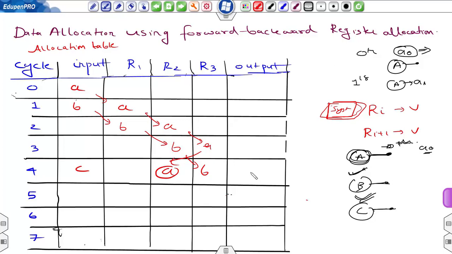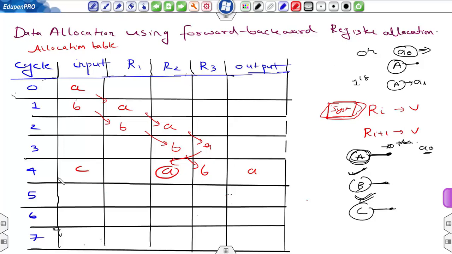So we can write that A is dead, and we can write A to the corresponding output column. Output column means it is now consumed, there is no further use of variable A. This is the sense of the word output in this table.